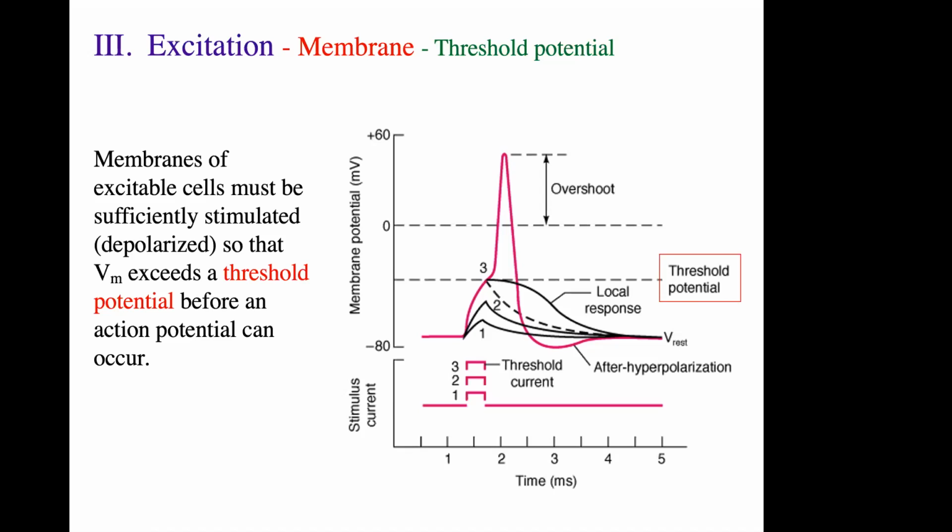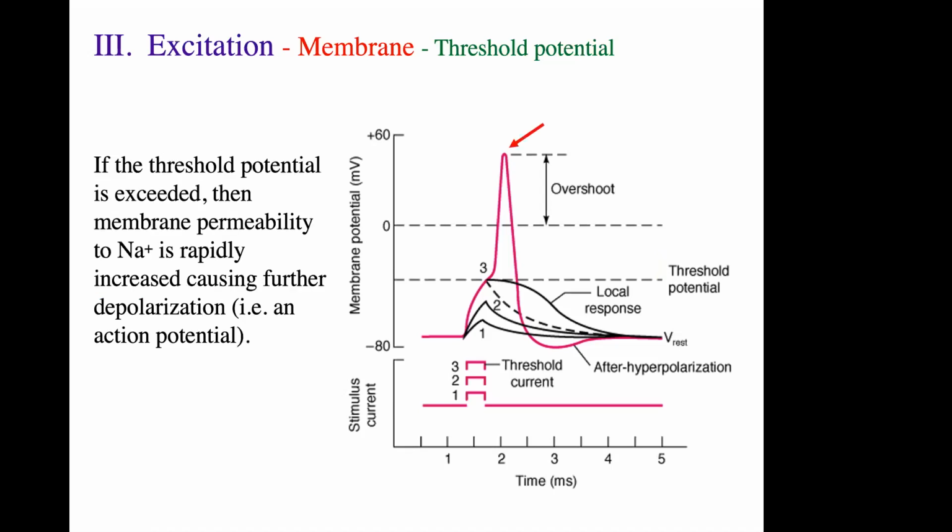We see that a stimulation is applied, and the membrane potential is going to increase. Now you see this first dotted line right here, where I have threshold potential in a red box. If the membrane potential exceeds that, then if this is an excitable cell, an action potential is going to occur.